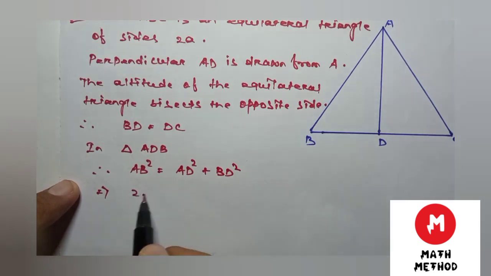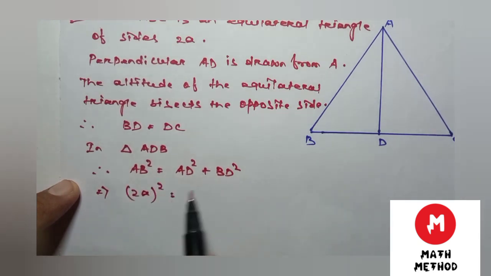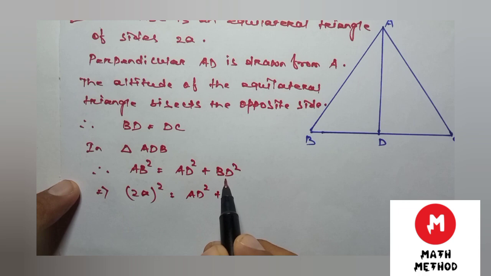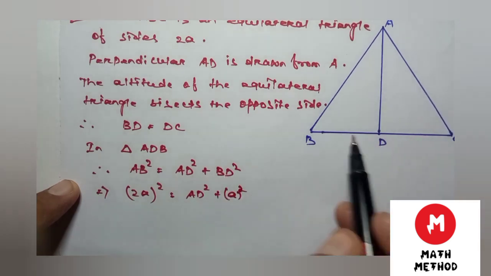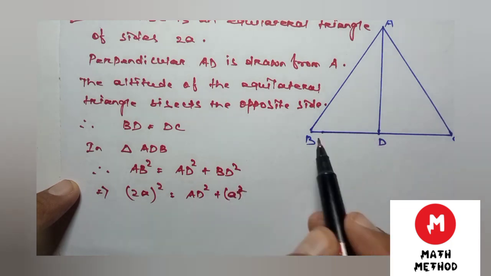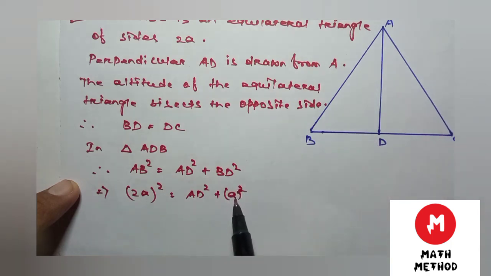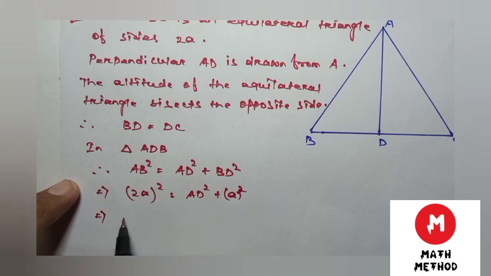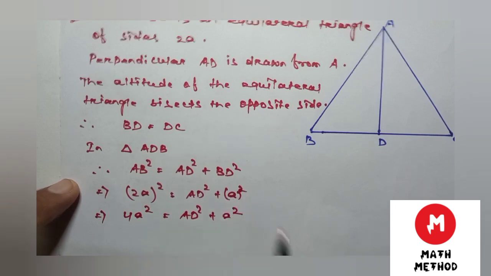So 2A whole square is equal to AD square plus BD square. We have to find the value of AD. BC is equal to 2A, so BD is half of BC, which is 2A by 2, equal to A. So 2A square is 4A square, equal to AD square plus A square.